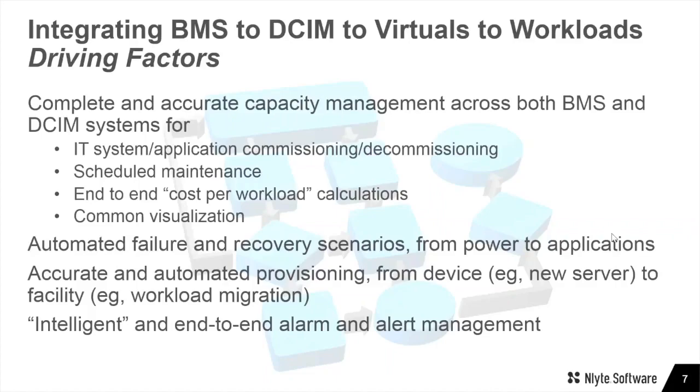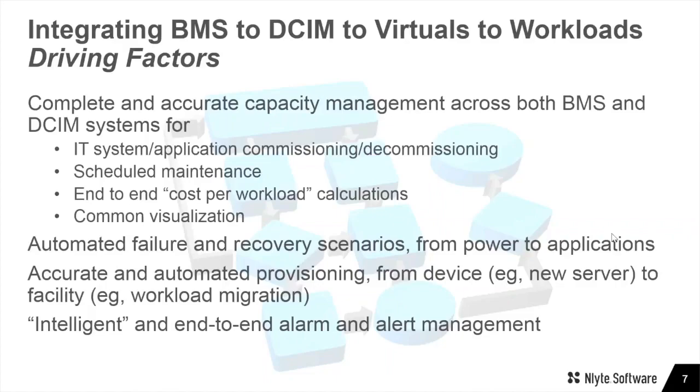And then the last one that I'll just mention on this slide is the end-to-end alarm and alert management. There are an awful lot of things in our data centers that raise alarms and alerts. And often they are conflicting, often they're not integrated, often one alarm is not correlated with another. And that's hard enough to manage.